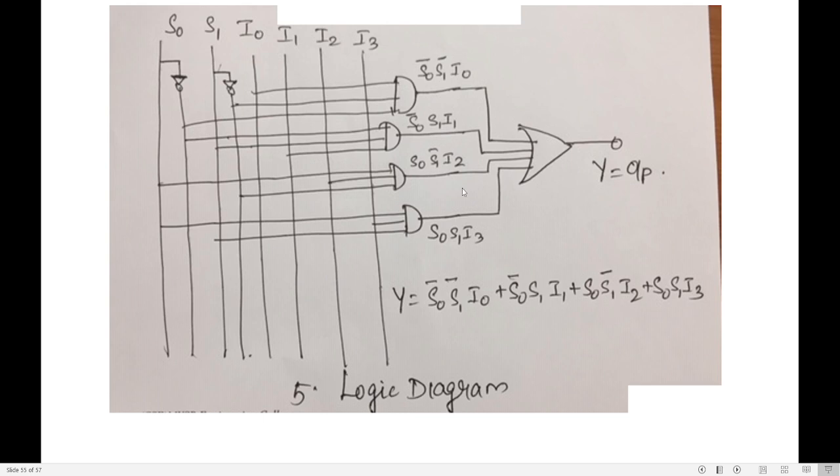Similarly, I do the third AND gate and fourth AND gate, and then connect all the 4 product terms to an OR gate so that I get my output Y, which is equal to S0 bar S1 bar I0 plus S0 bar S1 I1 plus S0 S1 bar I2 plus S0 S1 I3. This is how you design a 4 by 1 multiplexer. Thank you.